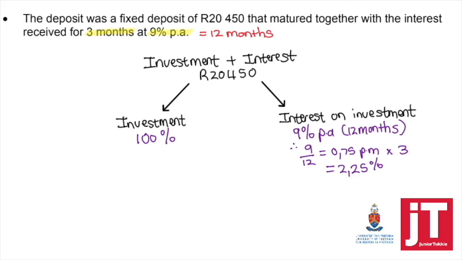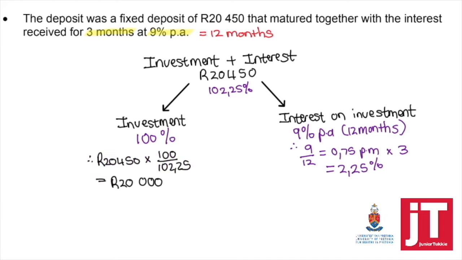So once I've done this, I know that the 20,450 is equal to 100 plus 2.25, which equals 102.25%.